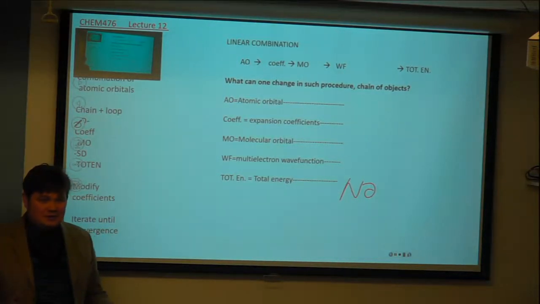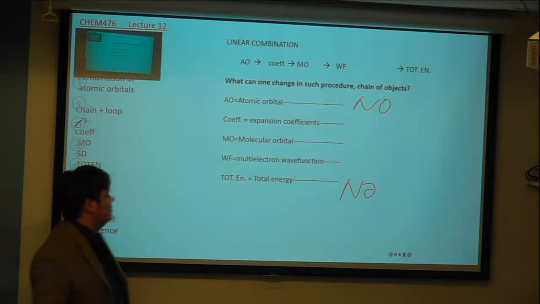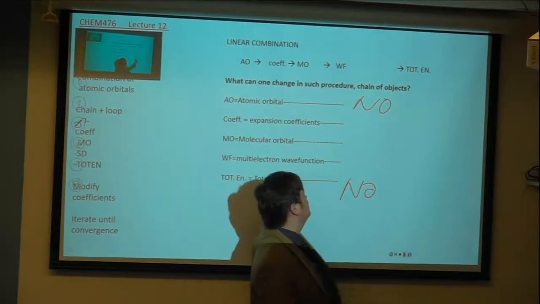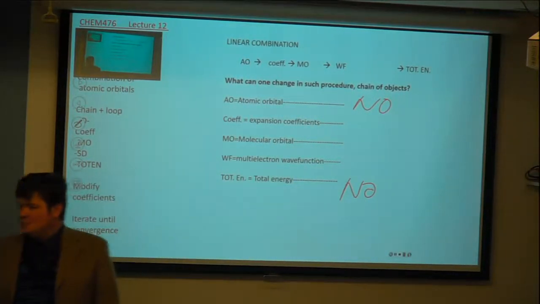So those are very well-defined mathematical concepts. They're specified by the charge of the ion, and we can change them. Those are very clear now. And the expansion coefficients are the thing that we can change.